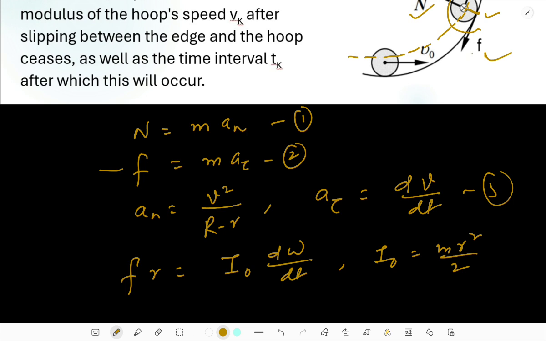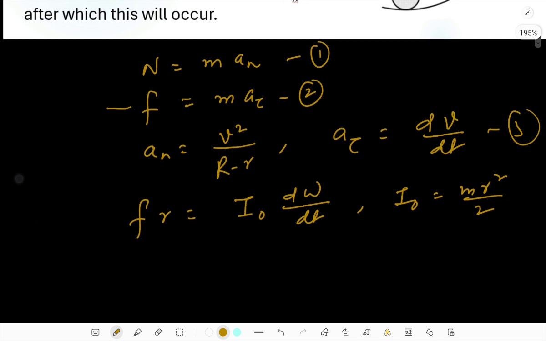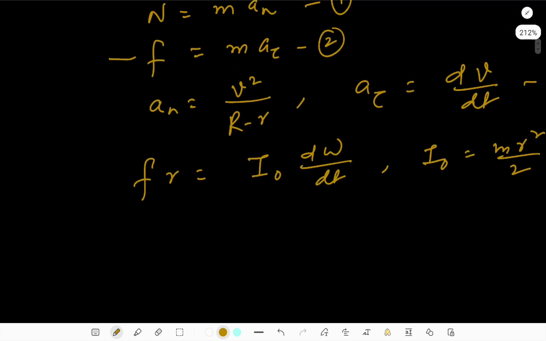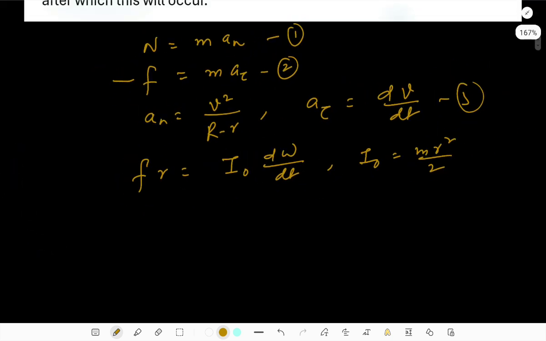Now I know for sure that this thing is slipping, because we don't see any angular velocity at the initial moment.